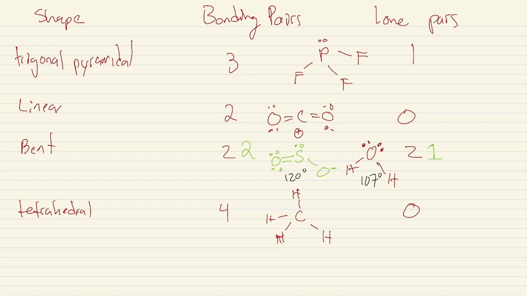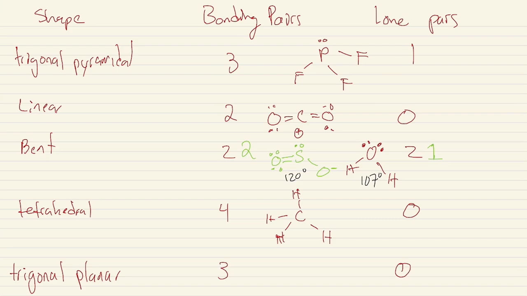And what was the last shape that we had? Trigonal planar, yep. Trigonal planar. And this is like trigonal pyramidal, except what? What's the difference between the bonding pairs and the lone pairs for trigonal planar? There's no lone pairs, right? So 0 and 3.